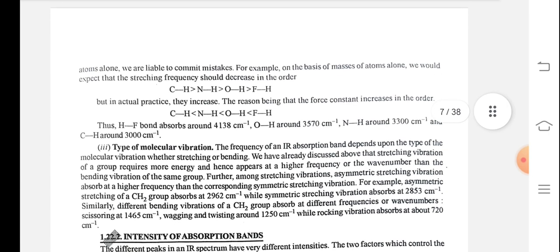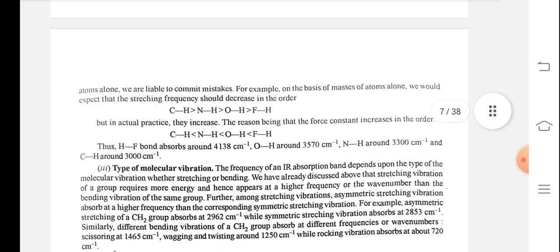Types of molecular vibrations. The frequency of an absorption band depends upon the type of the molecular vibrations, whether stretching or bending. We have already discussed above that stretching vibrations of a group require more energy and hence appear at a higher frequency or wave number than the bending vibrations of the same group. Further, among stretching vibrations, asymmetric stretching vibrations absorb at a higher frequency than the corresponding symmetric stretching vibrations.